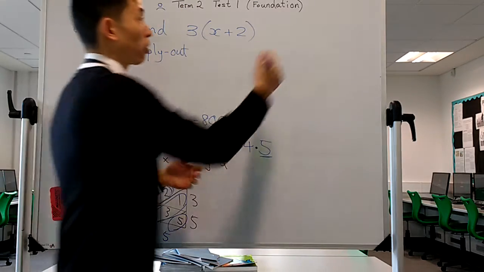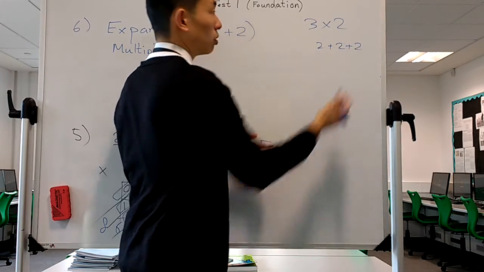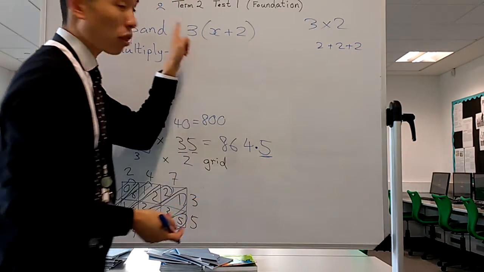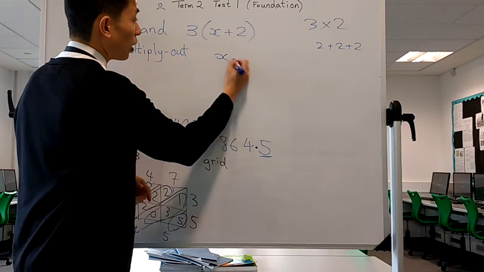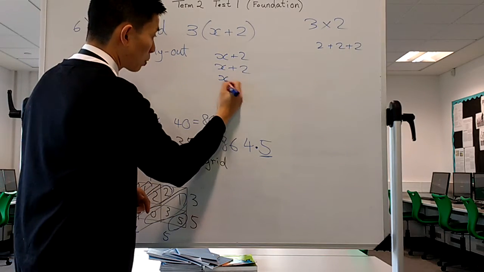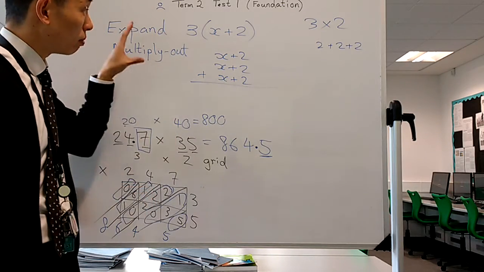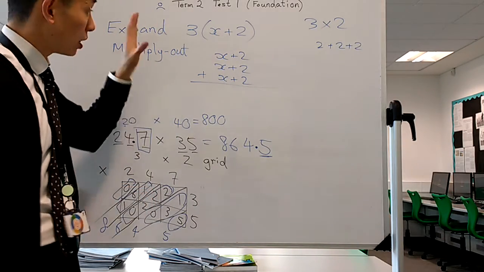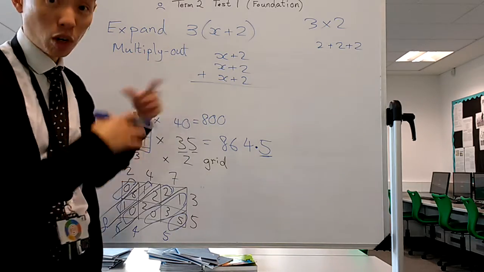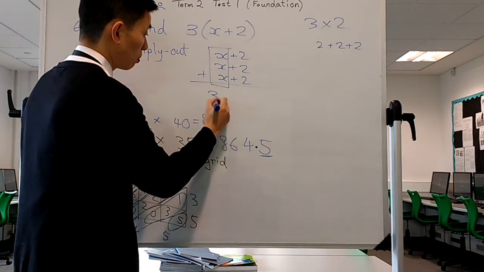Well, if I have 3 lots of 2, I'll do 2 plus 2 plus 2 and get 6, right? So there are 3 lots of x plus 2. You can have x plus 2, another x plus 2, another x plus 2, and then add them. And in algebra, all classes now should have the ability to collect like terms. There are 3x.